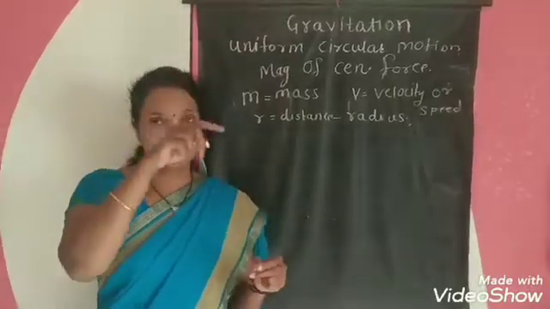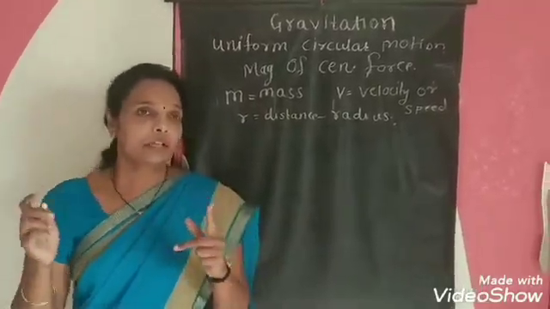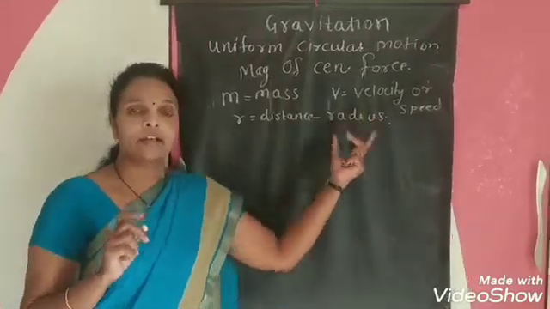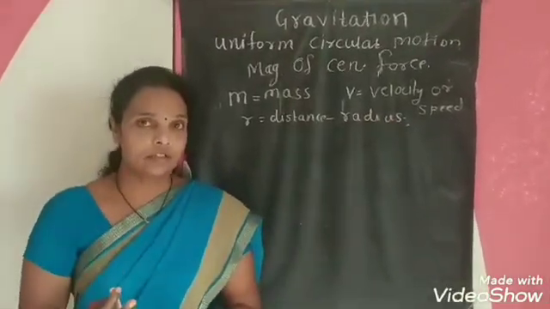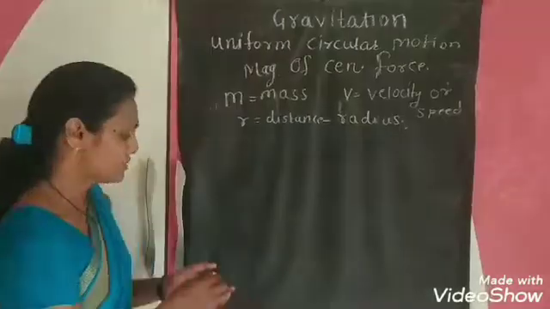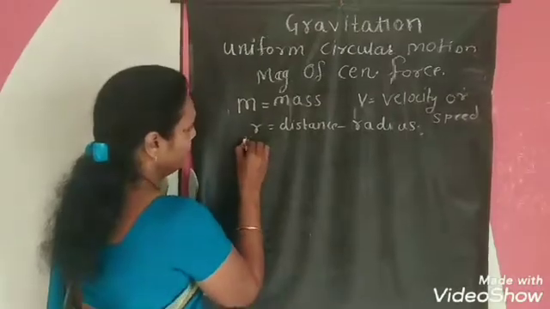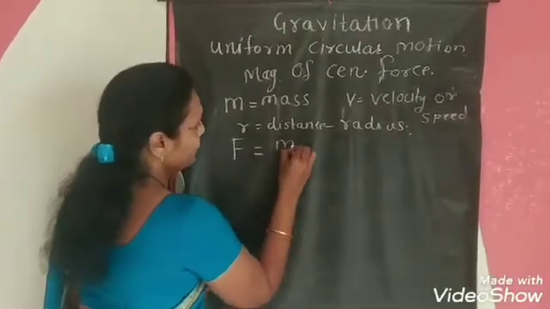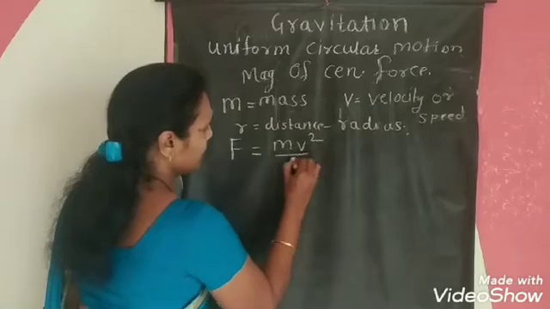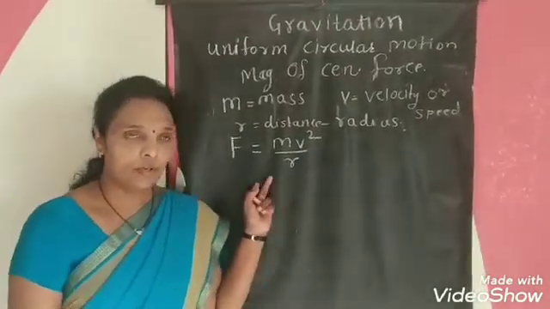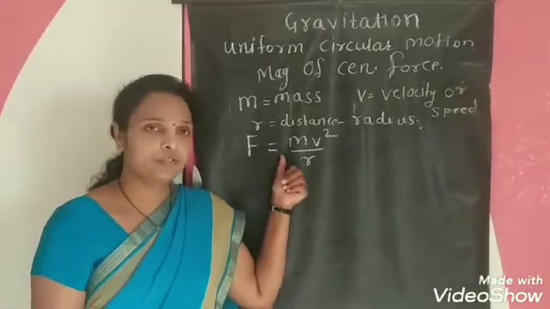All of you know, from the center up to the circumference, this distance is called a radius. Then how can we write the formula of centripetal force? F is equal to mv square upon r. This is the general formula for the centripetal force.